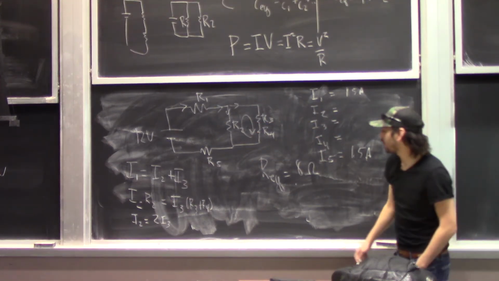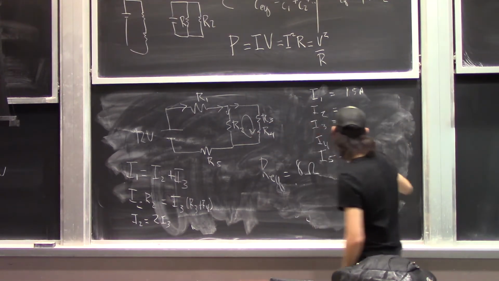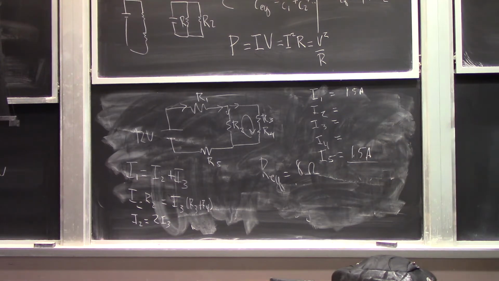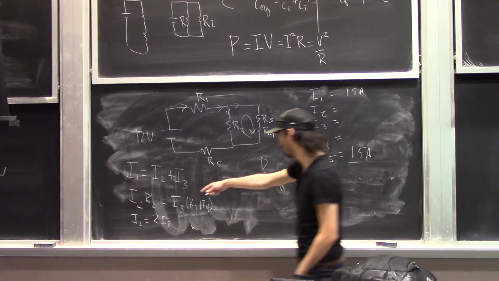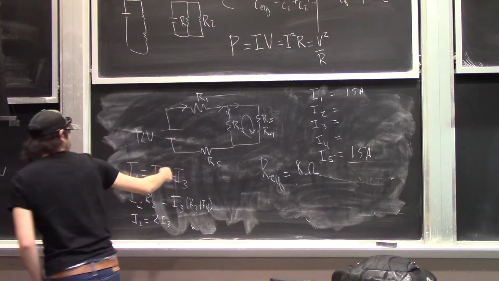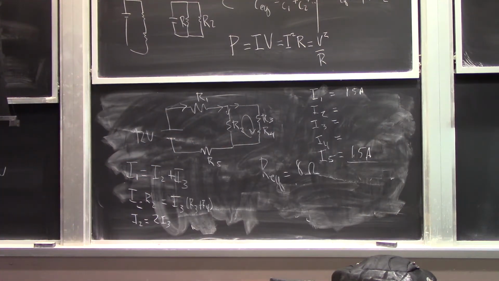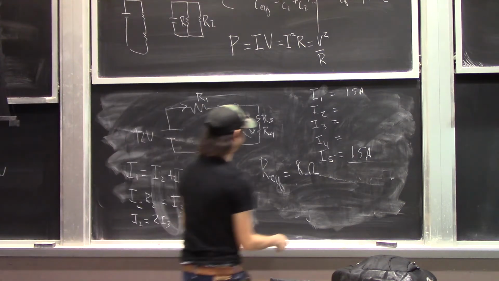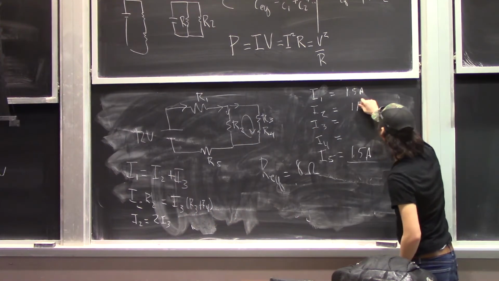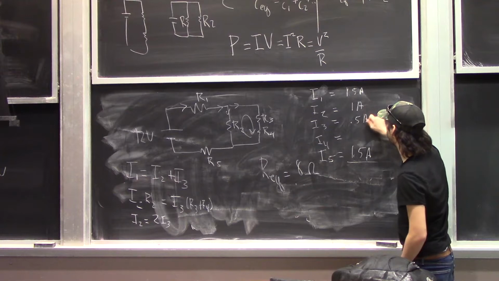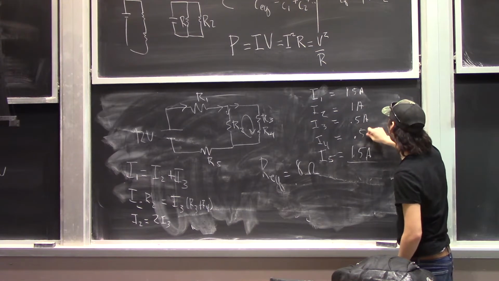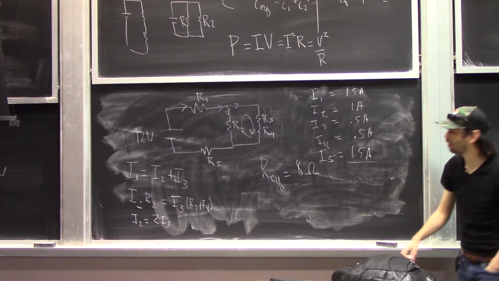And so looking at this in conjunction with the value that we had here, so this is going to be 1.5 amps, the values for I2 and I3 that satisfy this and also sum to 1.5 amps are going to be 1 amp and 0.5 amps. And I4 is equal to the same thing as I3.